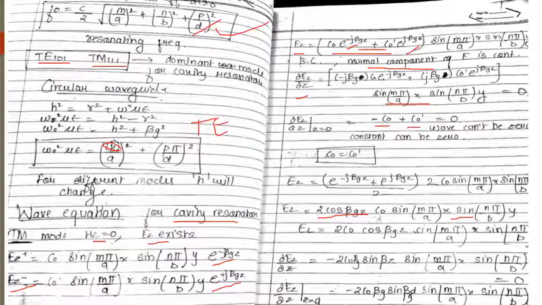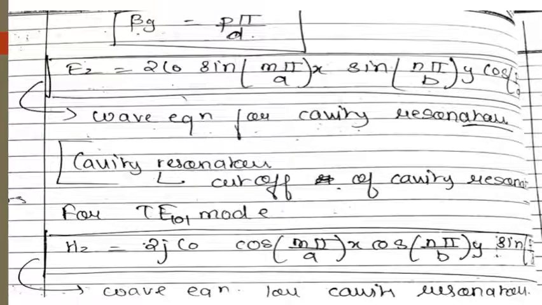On applying, again a normal component, so I am taking the derivative. This cos component will give me a sine. When will this sine component be equal to 0? When it is an integer multiple of pi. So when it is an integer multiple of pi, beta g becomes p pi by d.